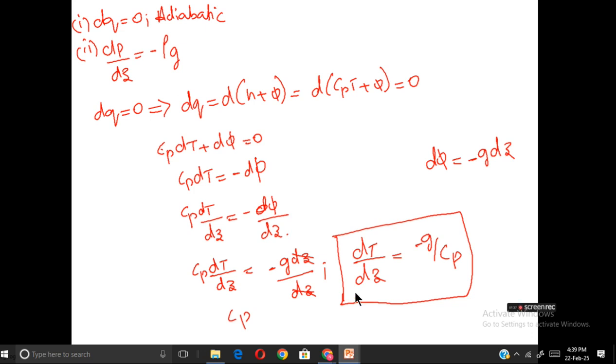The value of dT by dz will be around minus 9.76 into 10 raised to minus 3, which is 0.009 degrees Celsius per meter.